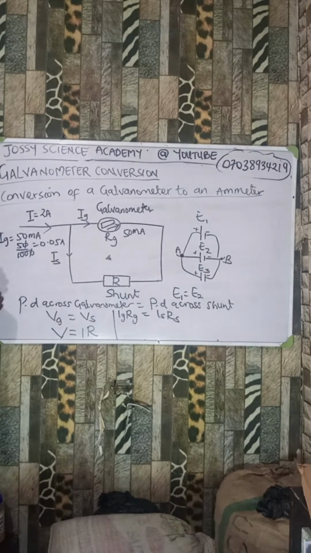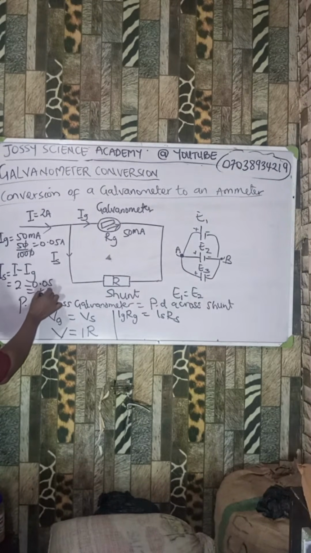So the current of the shunt, Ix, is equal to the total current minus the current of the galvanometer. That would be 2 minus 0.05, which gives me 1.95 amperes.